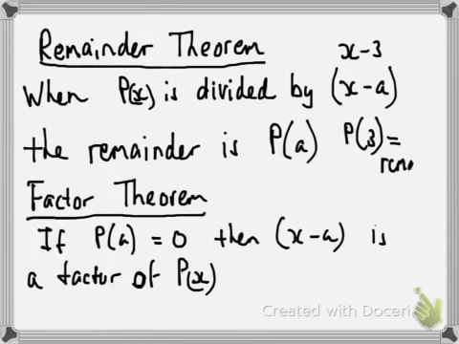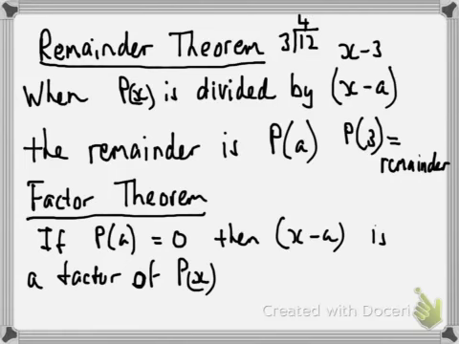So that's what that theorem is saying. If you're dividing in an expression such as x minus 3, x plus 4, x minus 2, x plus 7, you put the opposite sign into the polynomial, you'll get the remainder. So what if the remainder was 0? If the remainder is 0, it's a factor. For example, if you divide 3 into 12, you get 4 with no remainder.